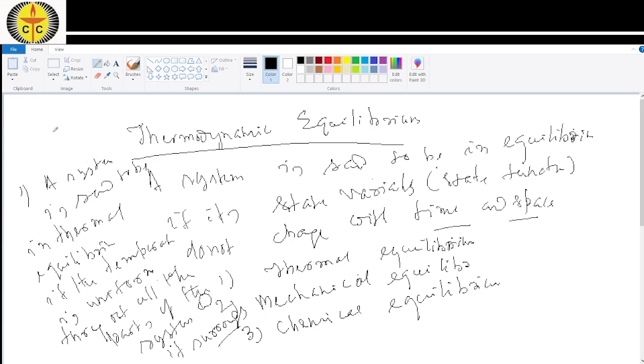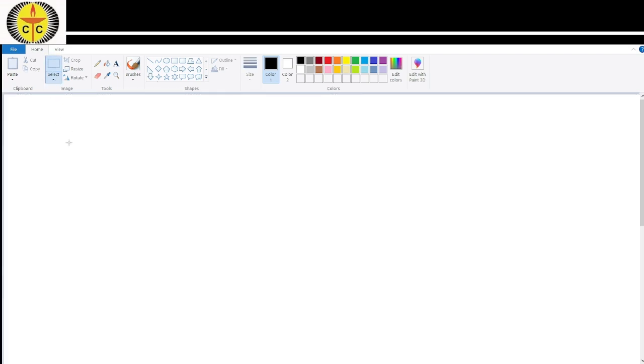Then the next one is mechanical equilibrium. What is this?